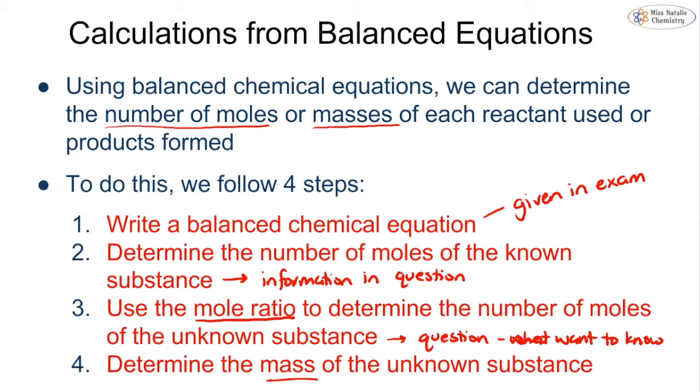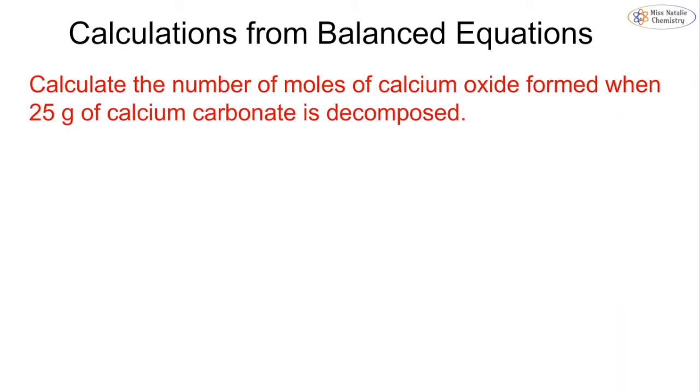So the best thing to do is to put this into practice. So we want to calculate the number of moles of calcium oxide that is formed when calcium carbonate, when we have 25 grams, decomposes. So step 1, write the chemical equation.